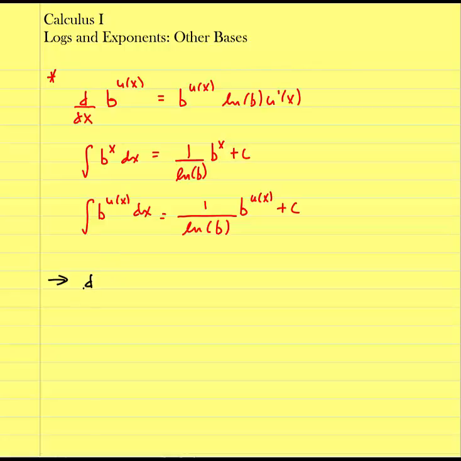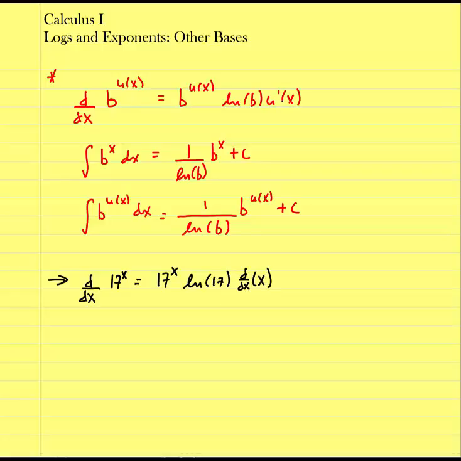Let's look at the derivative with respect to x of y equals 17 to the x. Well, we're going to use this first formula up here, and if you notice, my function is just x. So that's equal to 17 to the x, natural log of 17 times the derivative with respect to x of x.